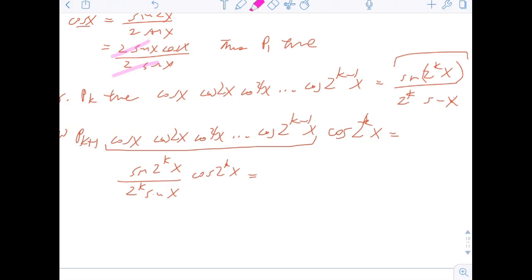And we can take the top, sine of 2^k x and cosine of 2^k x, and replace that with sine of 2 times 2^k x divided by 2. And then we still have on the bottom 2^k sine of x.